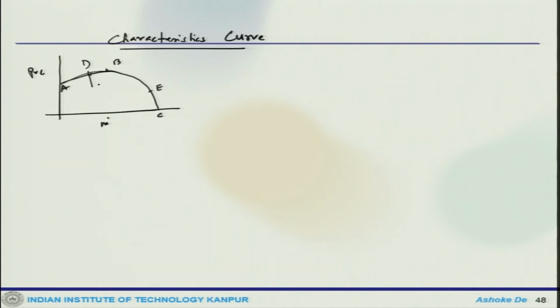So, point D could be a point of surge. So, we got this curve. Between B to C, m dot increases, so P decreases, which means rho decreases, which means VR increases.